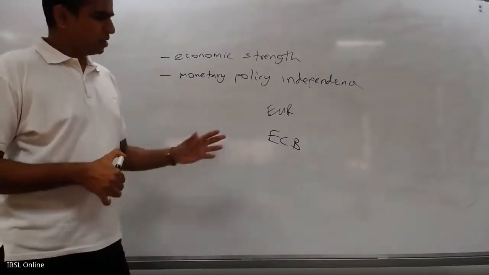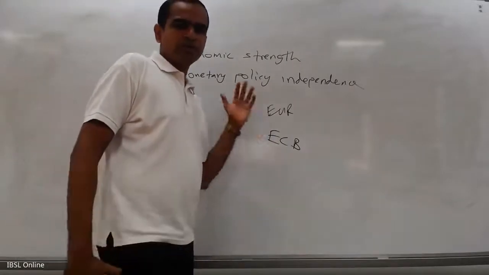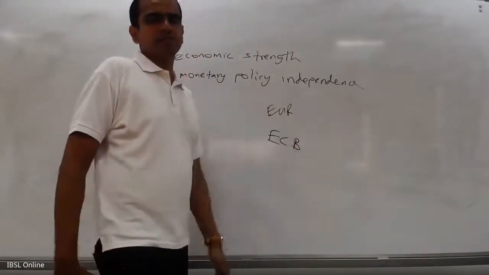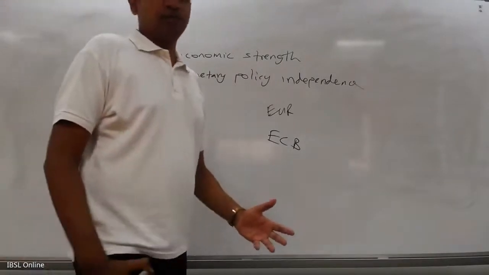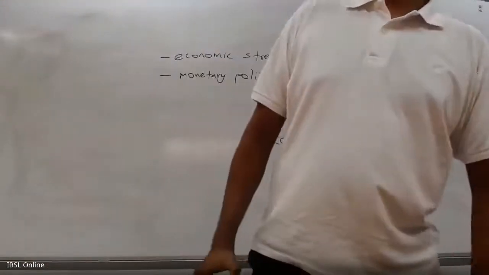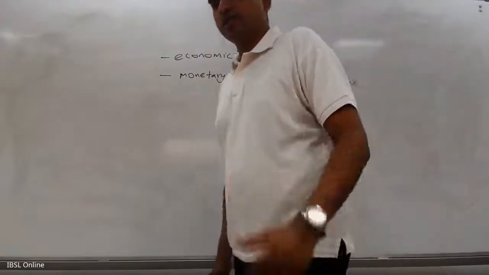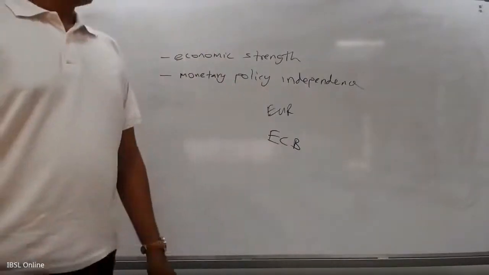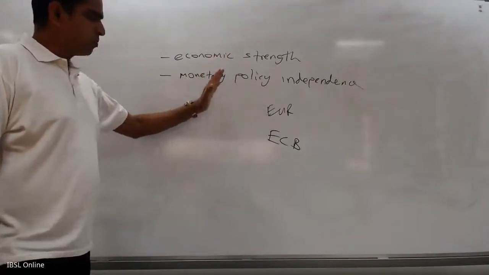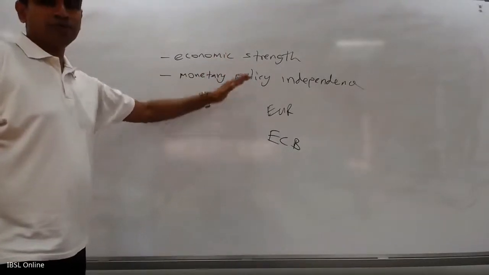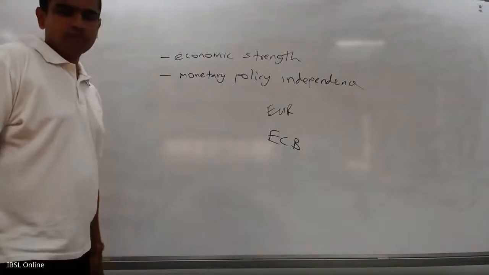So when the ECB makes decisions, they look not only at Greece, but the entire region. They have to look at the implications printing money will have on Germany, France, Italy, and the rest of Europe. So Greece did not have the independence to print money. Now, independence to print money is part of monetary policy. Greece never had that.